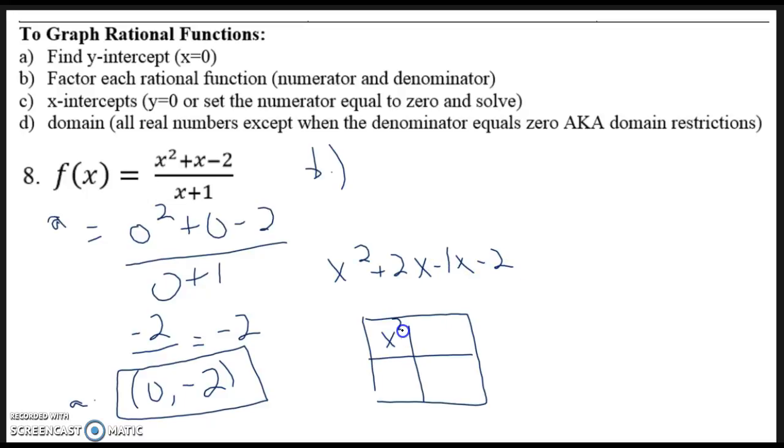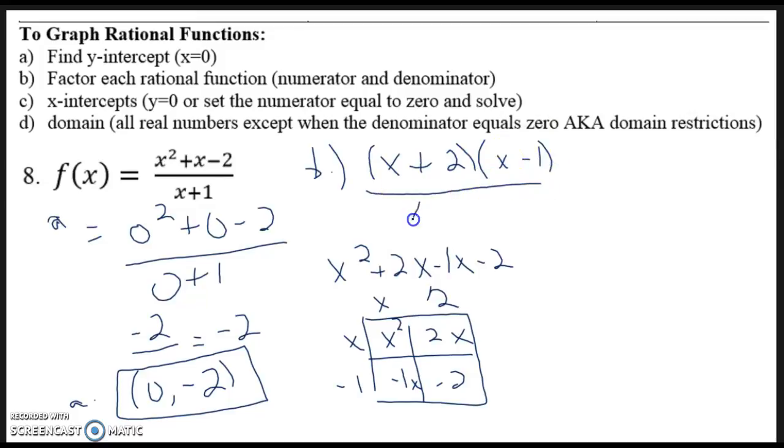So I got x squared, 2x, negative 1x, negative 2. Then I've got x plus 2, sorry, it kind of looks wonky, and then x minus 1 all over x plus 1. There's nothing for me to do to the denominator, so I only have to factor the numerator here. So that is my answer for B.